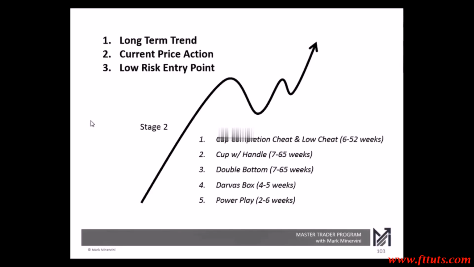So what's most important is the long-term trend, because we're not even going to consider a stock unless it's in a stage 2 uptrend. Then we're looking at the current price action to see if we can find those consolidations within that stage 2 uptrend. And then from there is an entry point, and we're looking for a low-risk entry point.